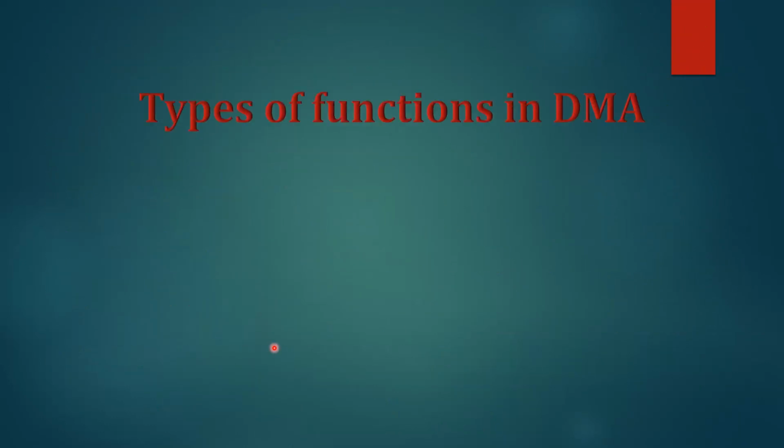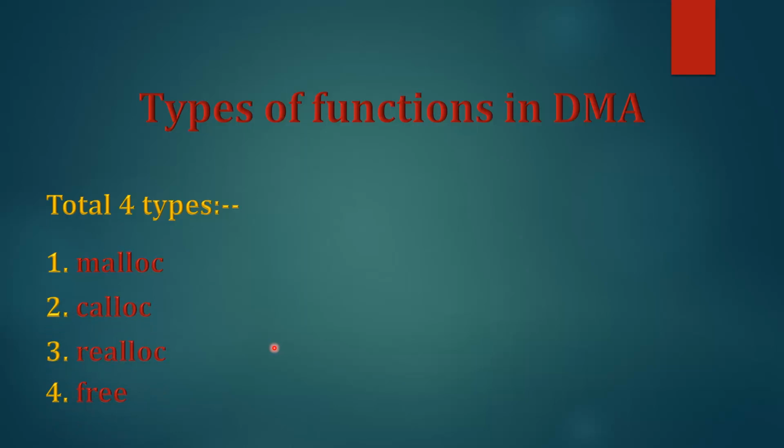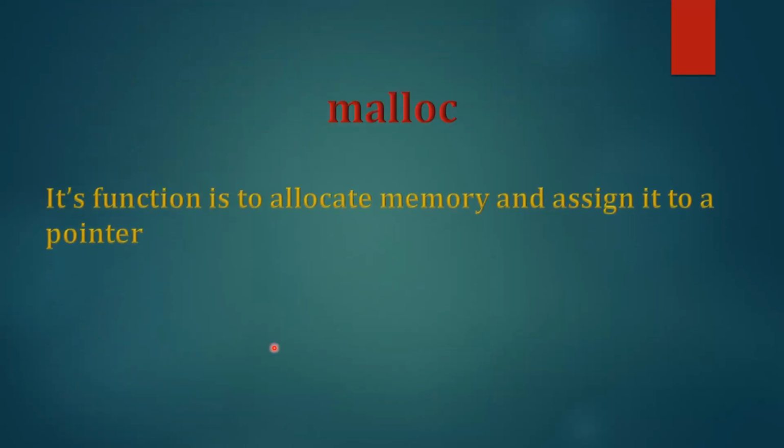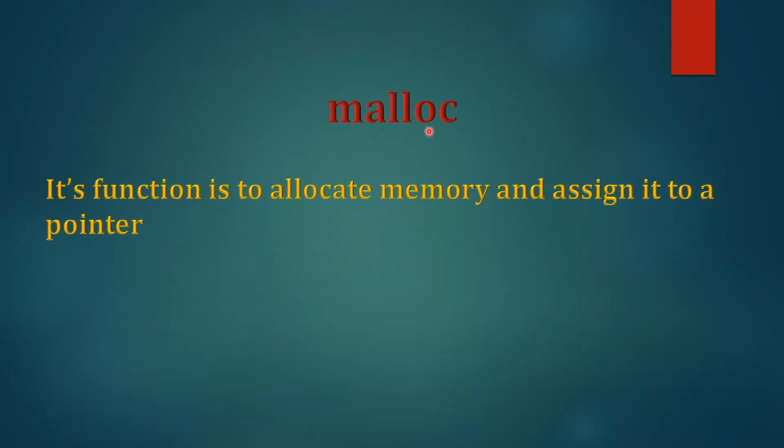Next is what type of functions are there in dynamic memory allocation? So there are total four types of functions that we will see one by one, and those four types are malloc, calloc, realloc, and then free. Let's understand them one by one. First, malloc. Malloc is simply memory allocation, and its function is to allocate memory and assign it to a pointer.